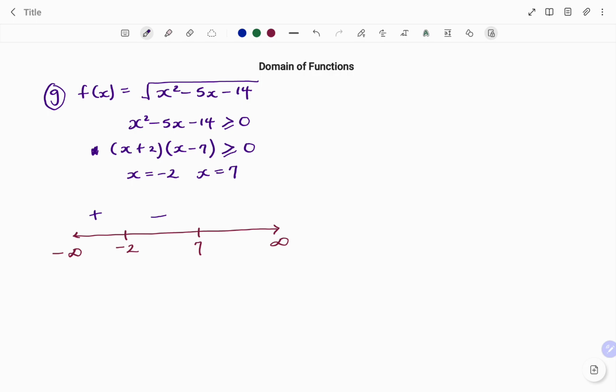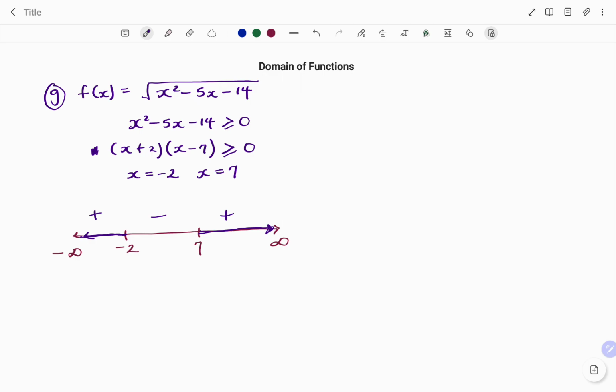If I test numbers above 7, I'm going to have a positive value. So what that means is, for this to be valid, I need values less than or equal to negative 2, and I need values greater or equal to 7.